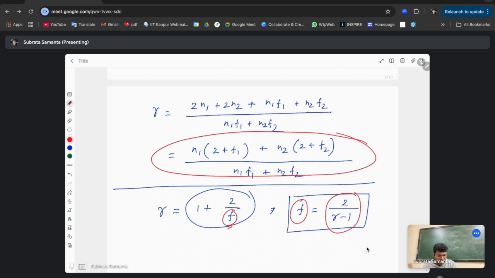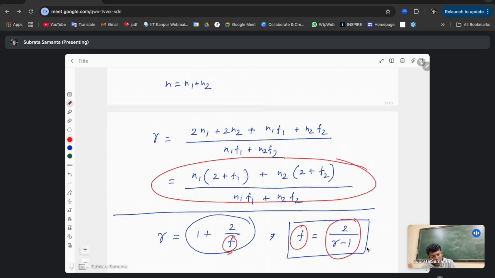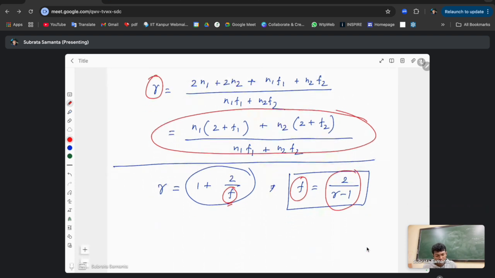That's why I first compute the gamma of the mixer, and I know that gamma equals 1 plus 2 by f, where this is f mixer, and f is 2 by gamma minus 1. Now you can plug in the expression of gamma here and you get complicated expressions for f. There are derivations that I will discuss maybe in the next class.